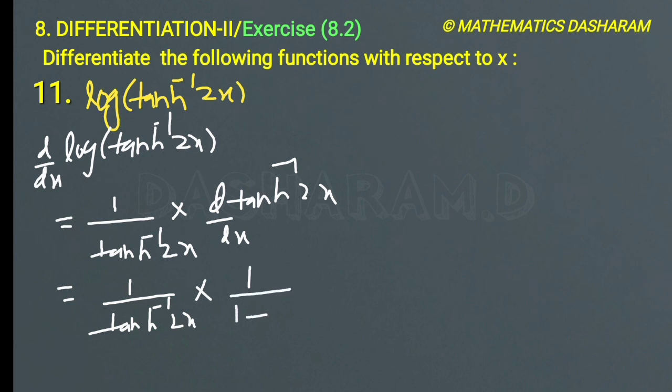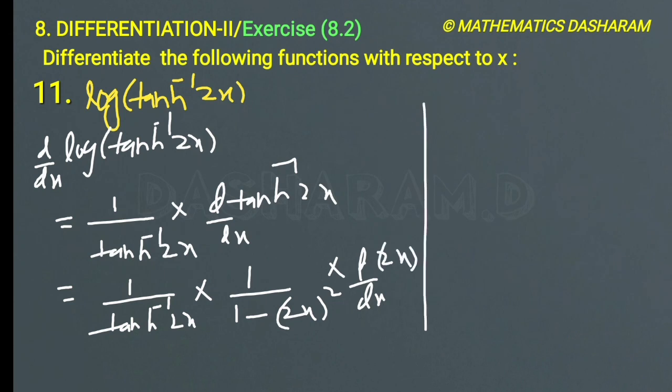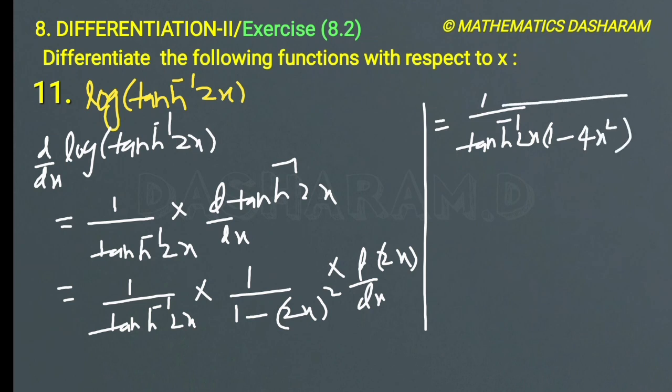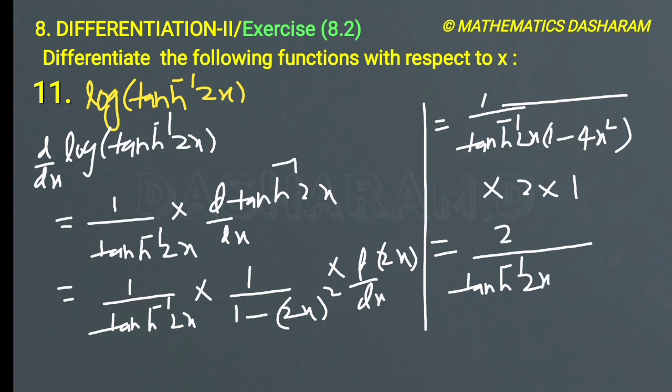So 1 by 1 minus, here the x value is 2x. Next, do the derivative of another function, that is 2x. Now it is equal to 1 by tan h inverse 2x into 1 minus, here 2x whole square is 4x square, into derivative of 2x is 2 into 1. So then 2 divided by tan h inverse 2x into 1 minus 4x square.